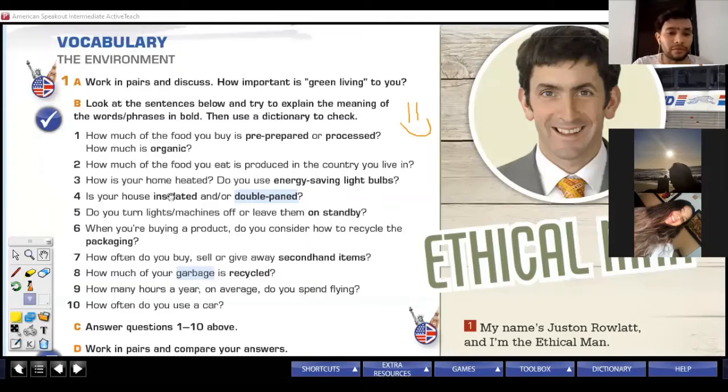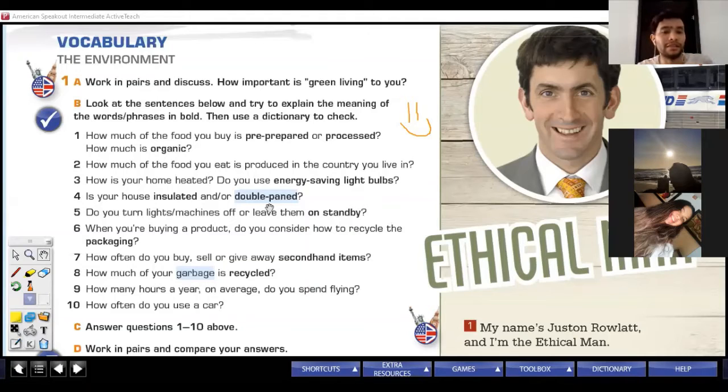Now, very good. Let's go over number 4. Is your house insulated or double paned? All right, this one is a little difficult, so I'm going to try to explain it to you. Insulated is what we use when something has nothing in its surroundings, something that is just alone.